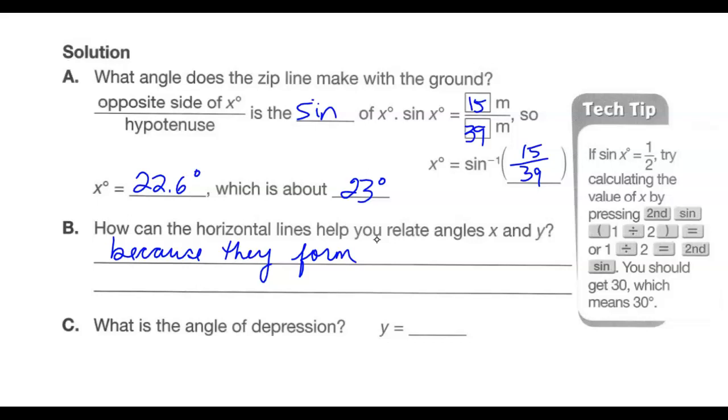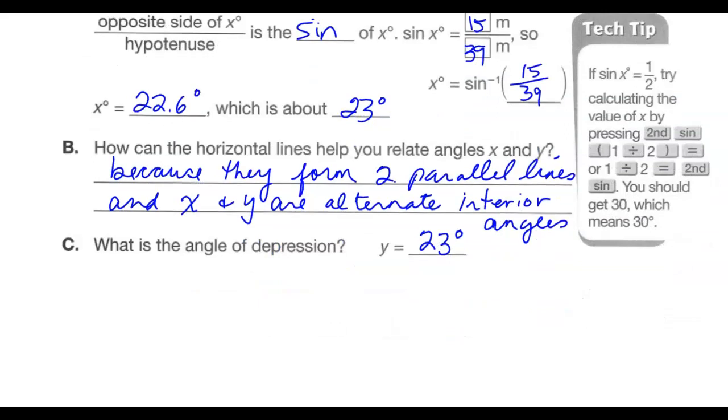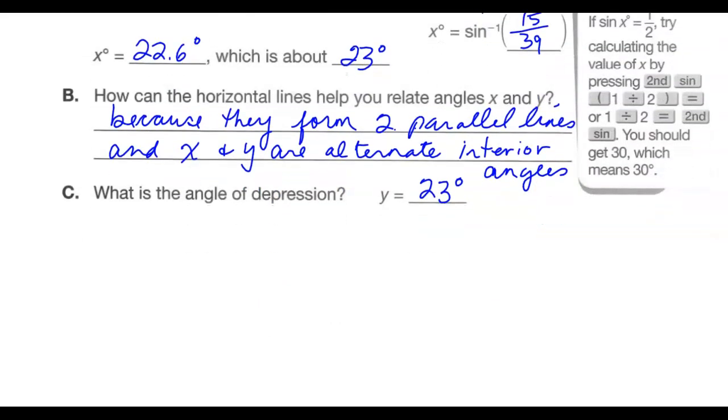The horizontal lines form two parallel lines, and X and Y are alternate interior angles. You learned that in chapter 7. Okay, so that means the angle of depression is 23 as well. And then there's just some practice for you to work on.